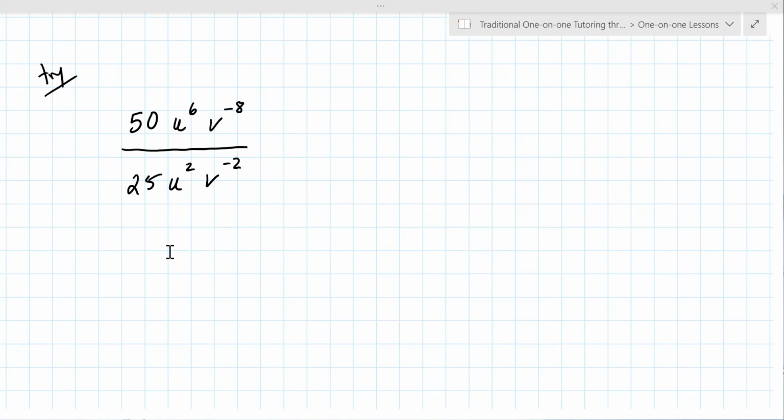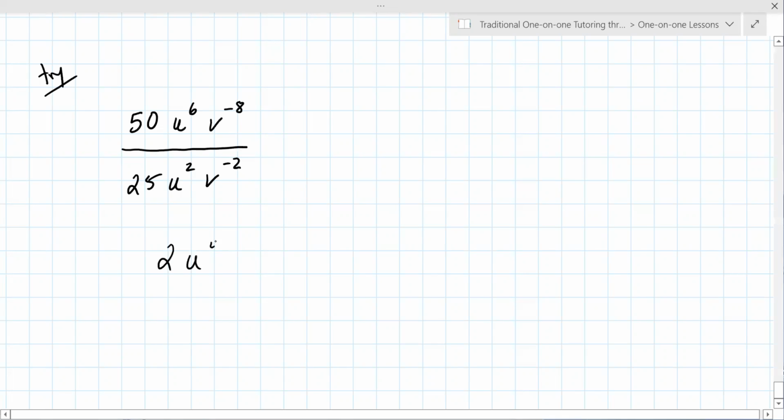I got 2, and then u to the power of 4. And then in the denominator, I got v to the power of 6. Good. All right, really good.